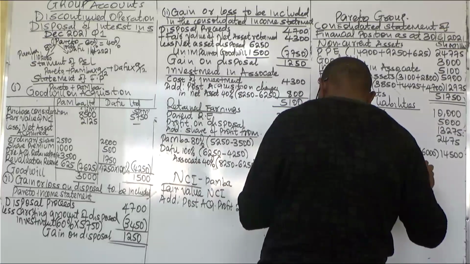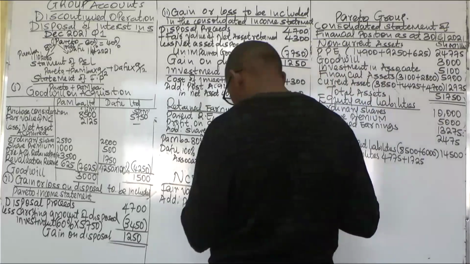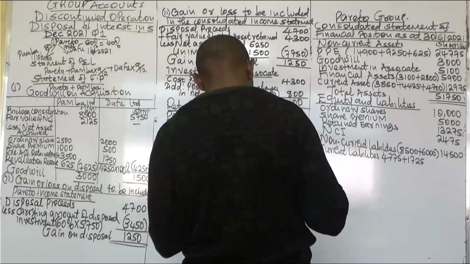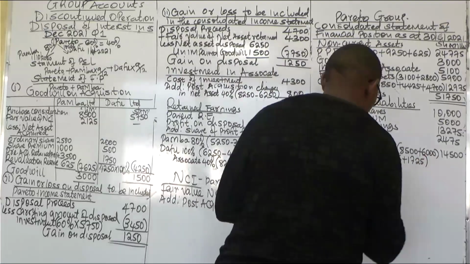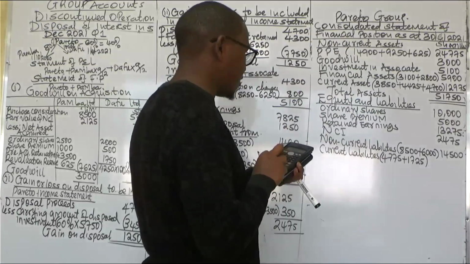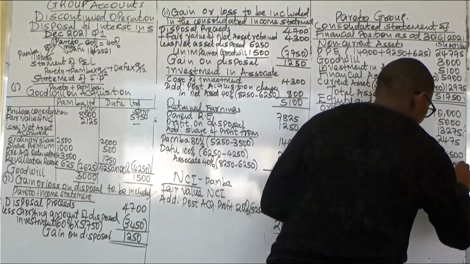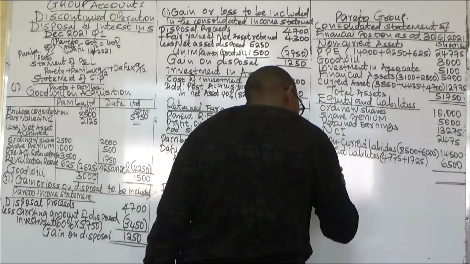I will add 1,725. There is nothing else. So this will be 4,775 plus 1,725, which is 6,500.